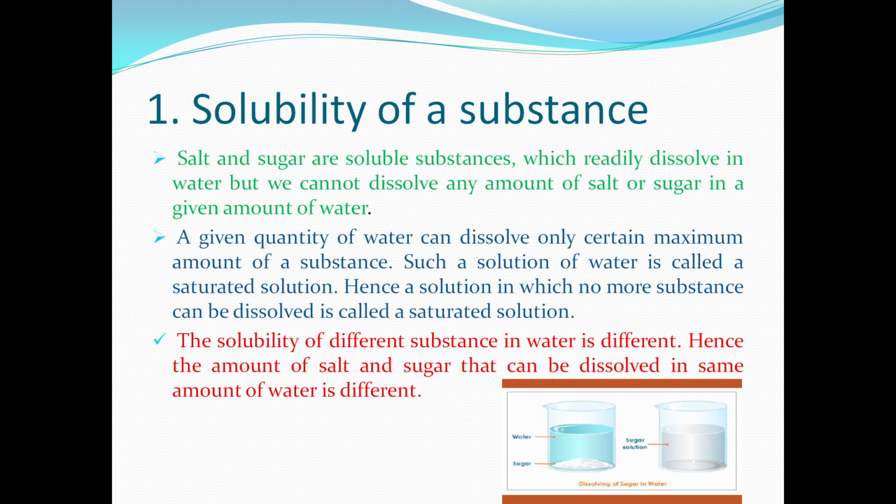So what does this prove? This shows that the solubility of different substances in water is different. Hence, the amount of salt and sugar that can be dissolved in the same amount of water is different.